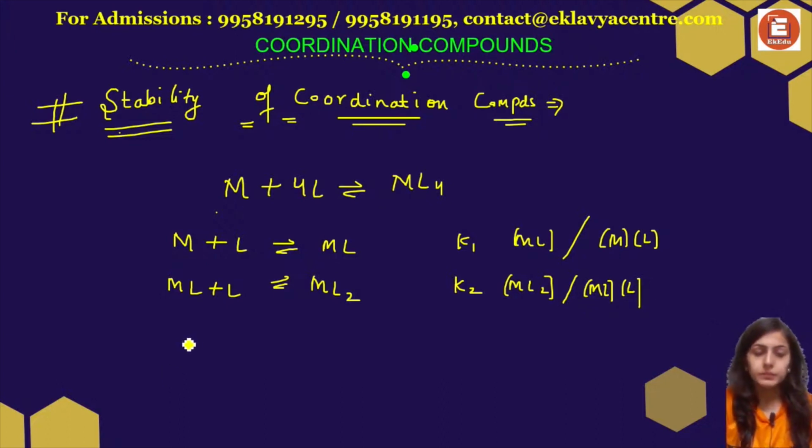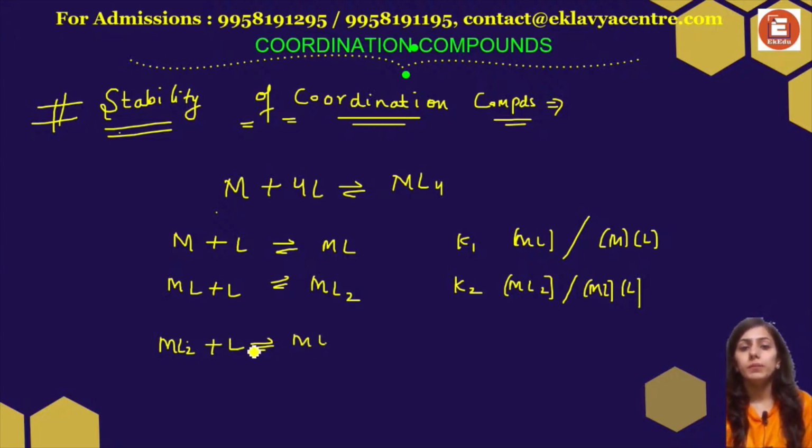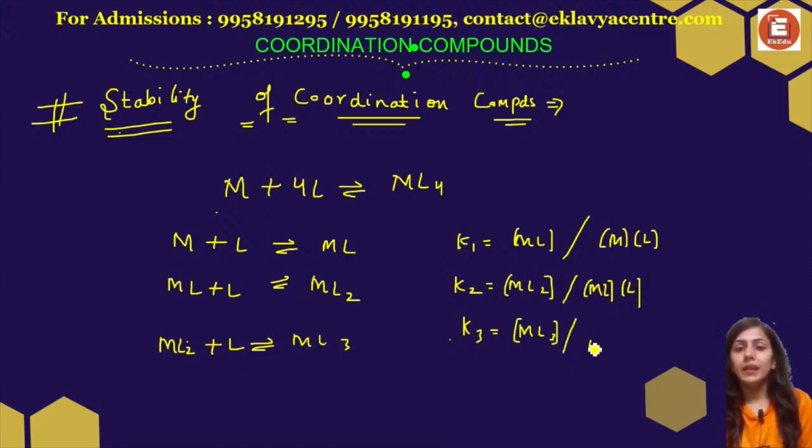Third step, ML2 plus L gives you ML3. Its constant K3 will be ML3 upon ML2 into ligand.